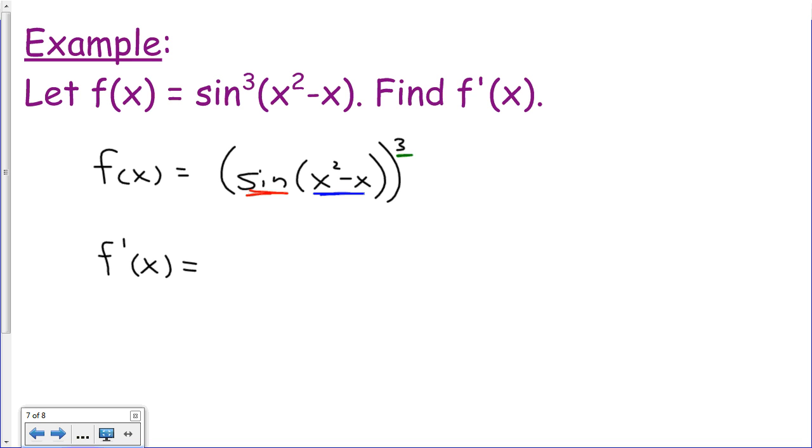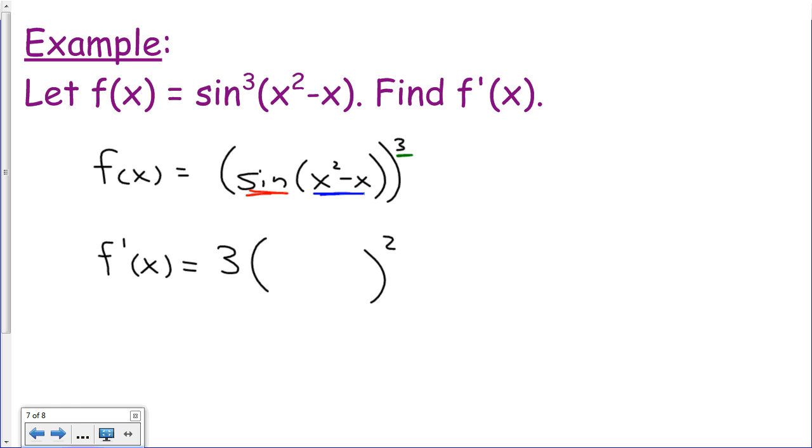Start with the outside function. Like we've said, the outside function is that cubing function, the power function raised to a power of 3. So let's take the derivative of a power function. Power rule says it's 3 times something raised to the 2nd power. That's how you take the derivative of something raised to the 3rd power. And then chain rule says, that's the first step that we've done so far.